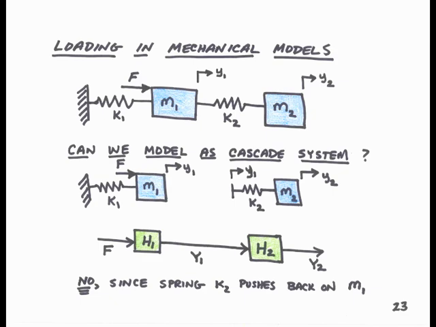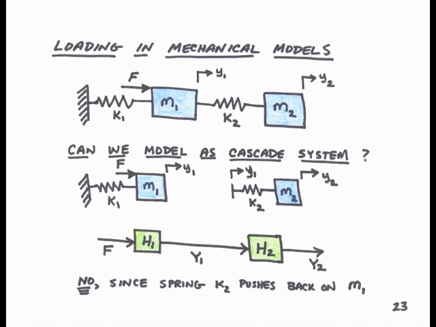Can this be done? And the answer would be no, because of loading. The reason why is because the spring K2 also pushes back on mass M1, and this force is not represented in the model. We cannot treat the interconnection of these two mechanical subsystems as a cascade of them because of the issue of loading.